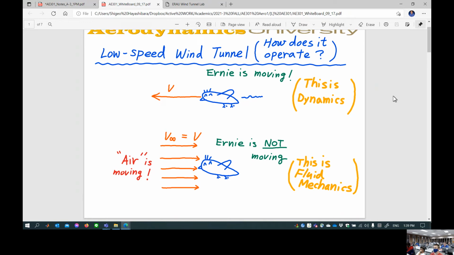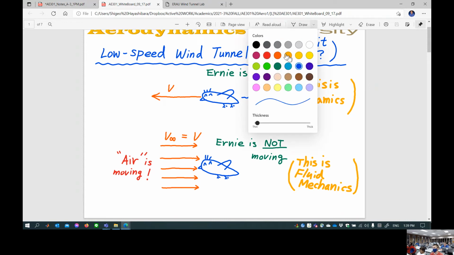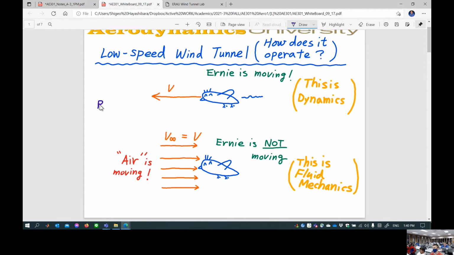Something made you equivalent from here to here. What something? Something is involved to make an equivalent situation so that now you can analyze. What is it? Is it because the model is staying still? This is the Reynolds transport theorem.